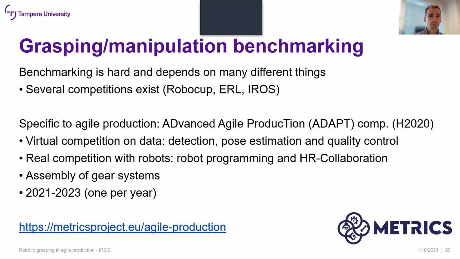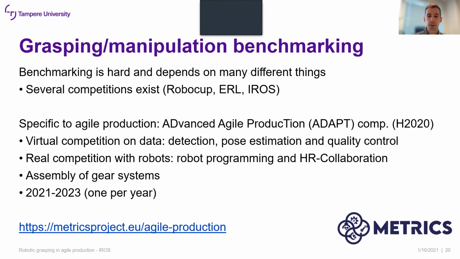Then I want to conclude with a few things to mention. So I tried to explain that there's a lot of effort ongoing in benchmarking of grasping, and several competitions exist. For example, for RoboCup or European Robotics League, and also here at IRIS, there's a grasping competition going on. But there will be another one specifically aimed at agile production. And this is both a competition on virtual data and with real robots.